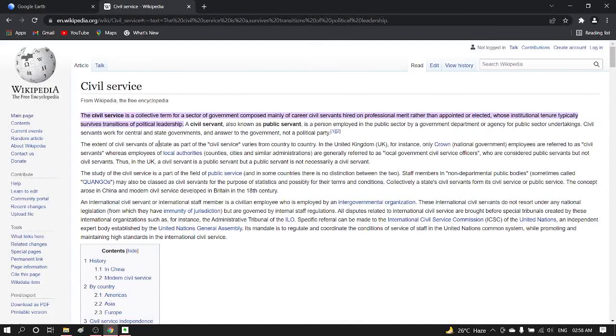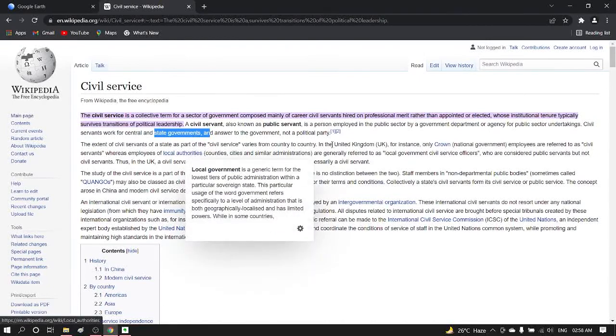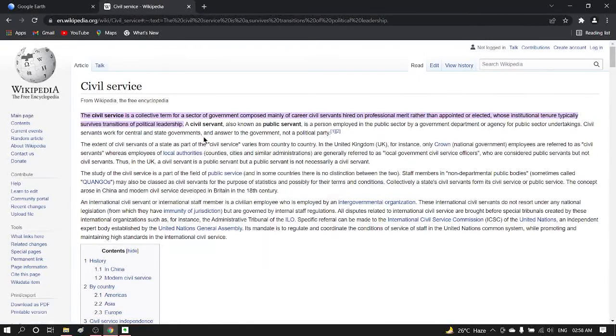They work for both the central government as well as the state governments in a federal structure and answer to the government only, not a political party. They are not answerable to the political party or political people. They are answerable only to the government or the ministers who are holding the portfolio.